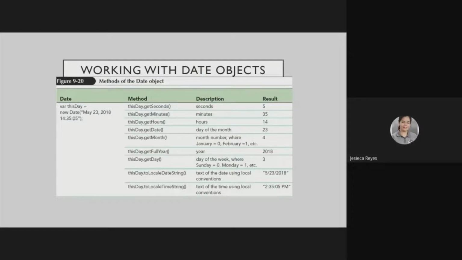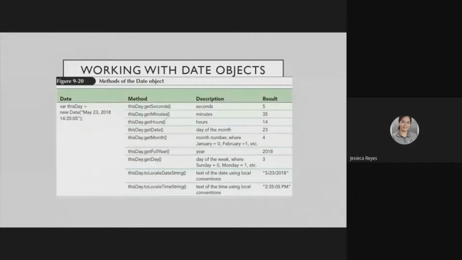In this case, seconds is 5. And thisDay.getMinutes will be used to get the minutes. In this case it is 35. thisDay.getHours is used to get the hours. In this case, we have 14. getMonth, we have 4. Why is it 4? Because the first month starts at 0. So January is 0, February is 1, March, April, May. So May is 4. And getFullYear is 2018.